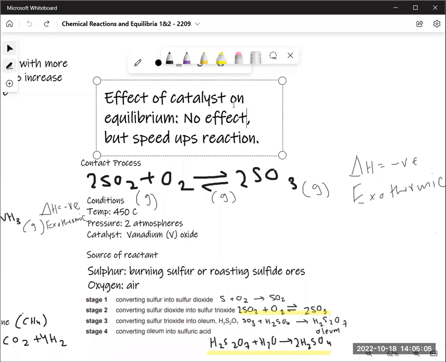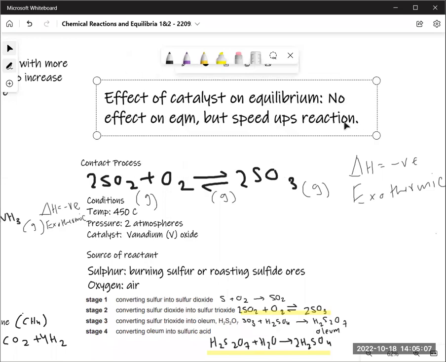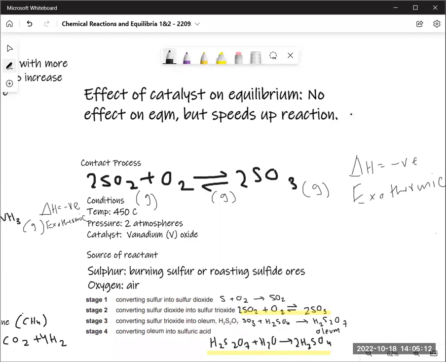No effect on equilibrium, but speeds up reaction. Tell me when you're done writing. I have to write it before the contact process, along with the pressure question. Okay, done.